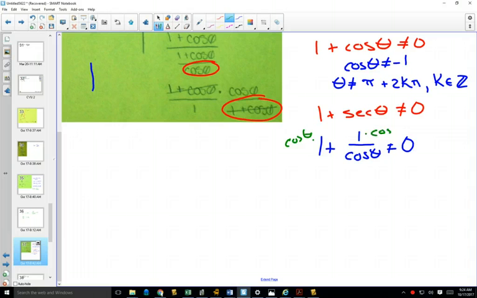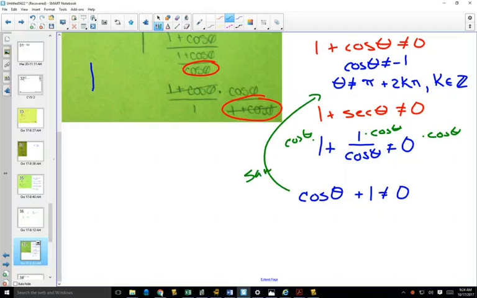This will get rid of my fraction. Multiply both sides by cos of theta, and then I get cos of theta plus 1 can't equal 0, and we notice that it's the same. So we've already done it. We could do it again if we wanted, but it's exactly the same as what we had up there.